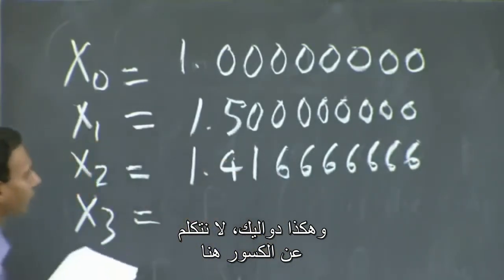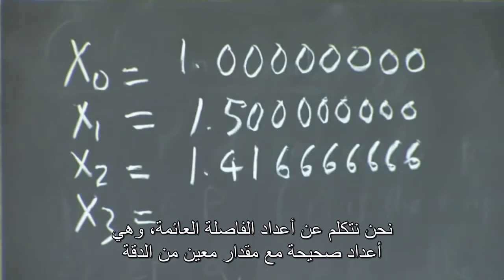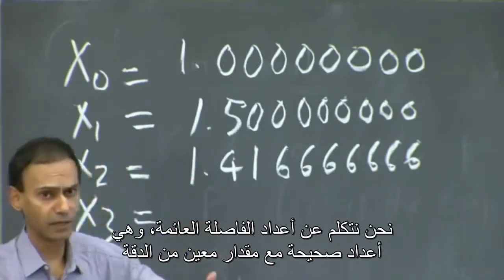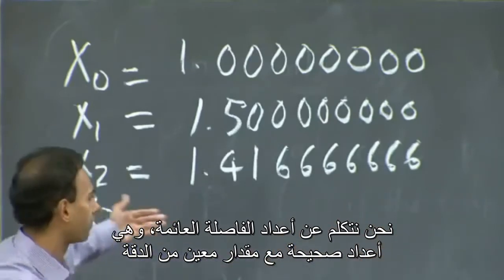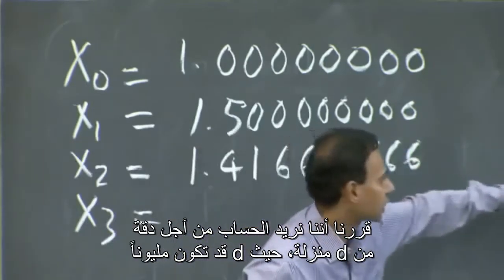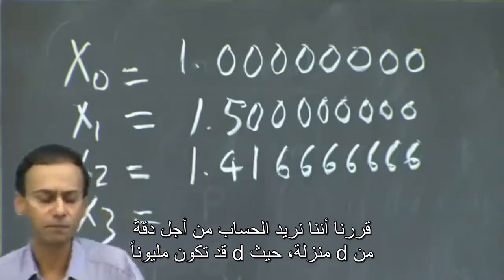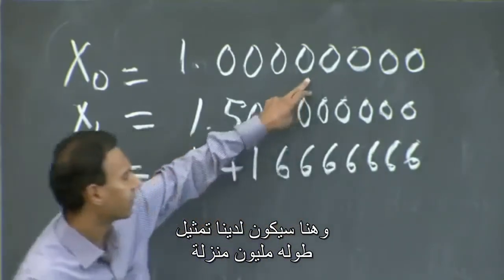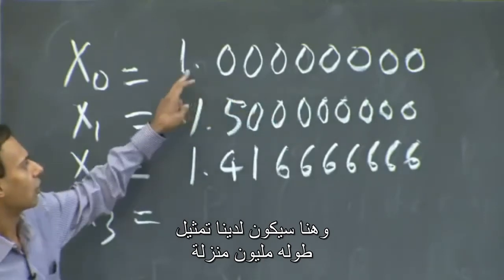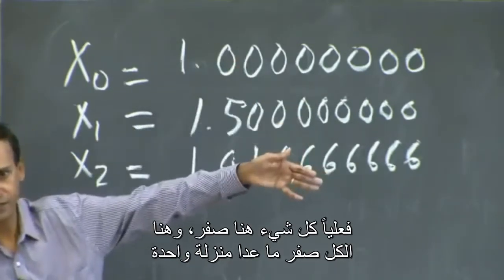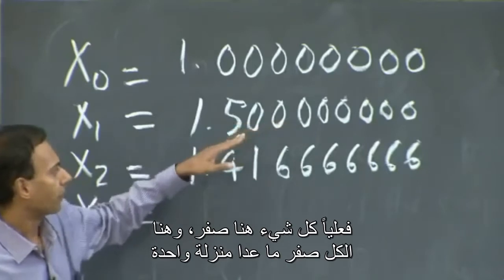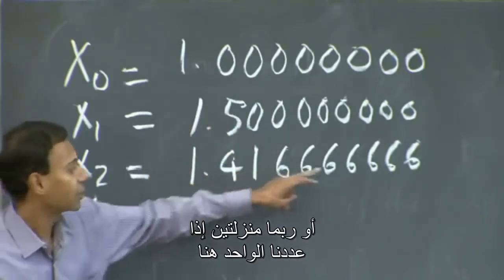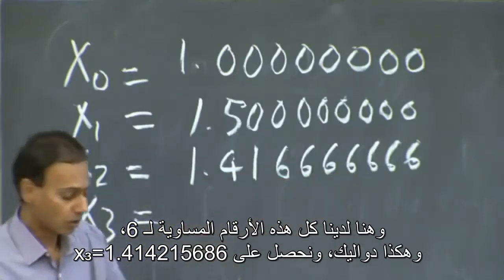And we're not talking about fractions here. We're talking about floating point numbers, which are integers with a certain amount of precision. So you've decided that you want to compute this to d digits of precision, where d may be 1,000,000. And so here you would have a representation that's 1,000,000 digits long, where basically everything is 0, and here everything but 1 is 0, or maybe a couple if you count the 1 here. And here you have all these 6s, and so on and so forth.